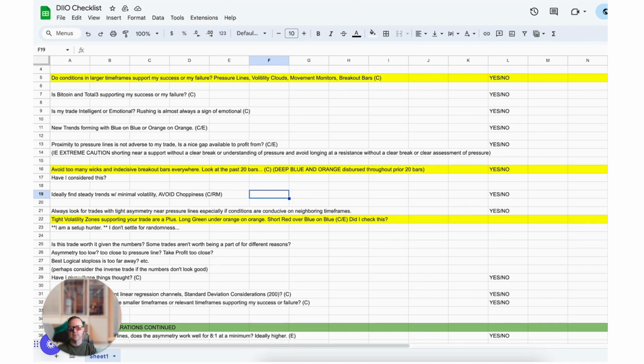Keep that in mind. So you may not want to use the 4-hour movement monitor because price action doesn't respect it a lot. But there's been many cases where I've been able to use the 1-week movement monitor as a support or a resistance, or the 3-day, or even the 1-day, right, as a support or resistance.